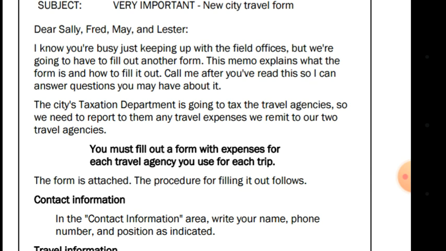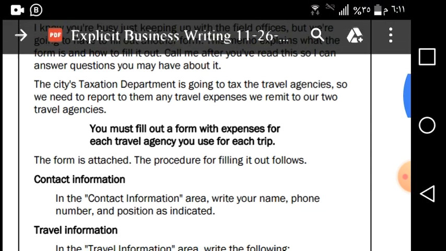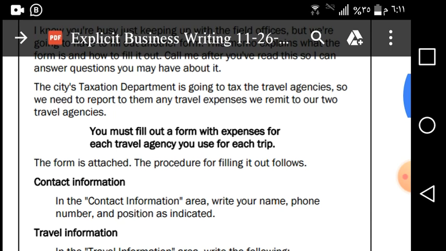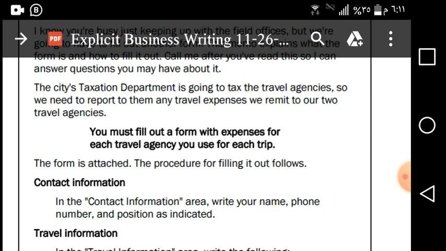And he writes, you must fill out a form with expenses for each travel agency used for each trip. The writer states important information the reader must remember at the beginning: bolding, floating, and indenting it to give it emphasis and high attention.